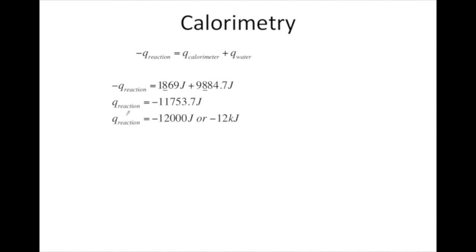So we could say that Q of the reaction is equal to negative 12 kilojoules, or we could say that the reaction lost 12 kilojoules of heat. Either one of those would be correct. So practice a few more of those. Be sure you're comfortable with setting them up and performing the math for calculations involving calorimetry.